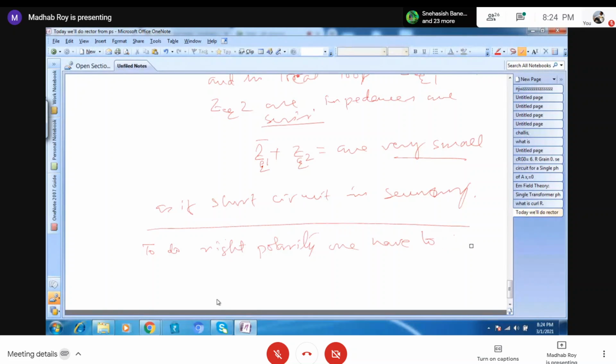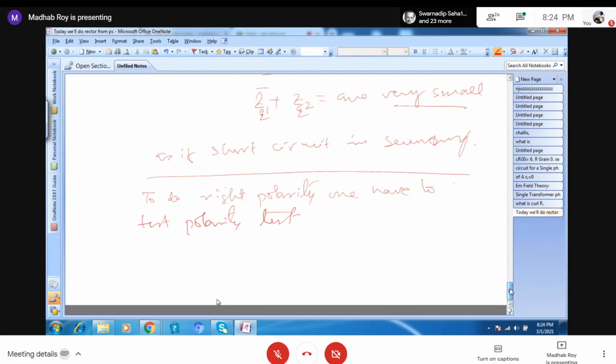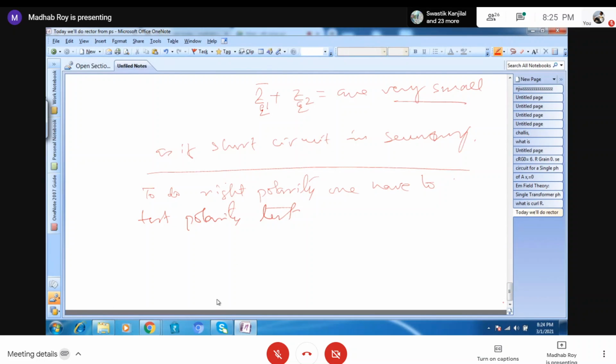Checking is not possible. One has to do the polarity test. Polarity test. So this is the main test, the polarity test. So next day we will go for what the polarity test is.